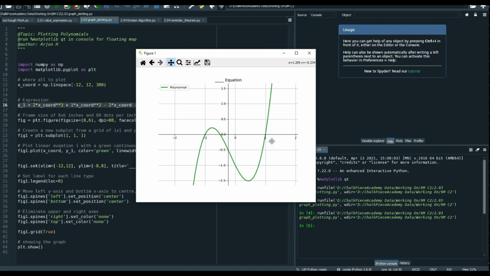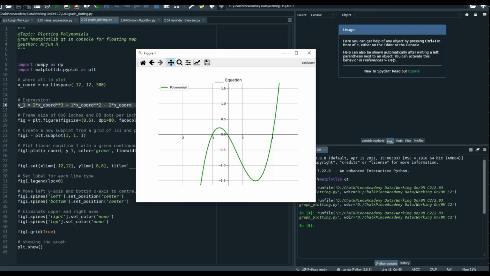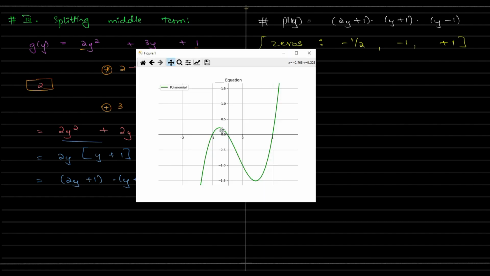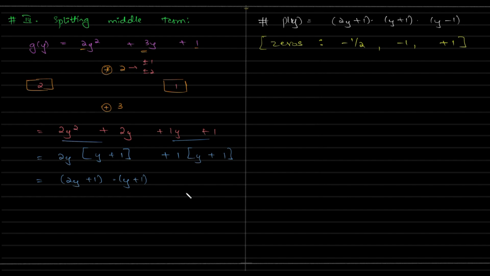Minus 1, 1, and this looks to be half. It's between minus 1 and 0, and if I scroll over there, you can see it's half. So we have the right answer. You can see it is curving 2 times since it's cubic, and it's crossing the x-axis 3 times. Maximum is 3 times. Sometimes it will cross 2 times, sometimes it will just cross once. So all these are different possibilities. And this is your answer.